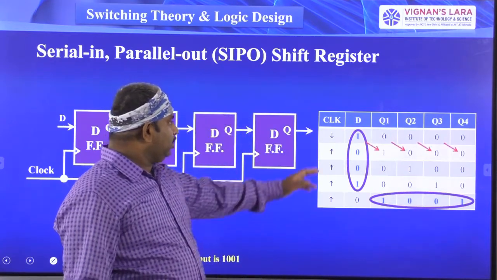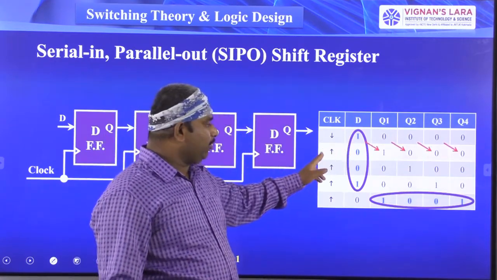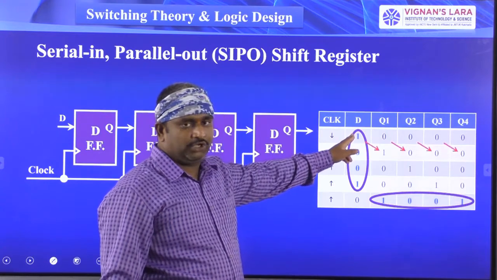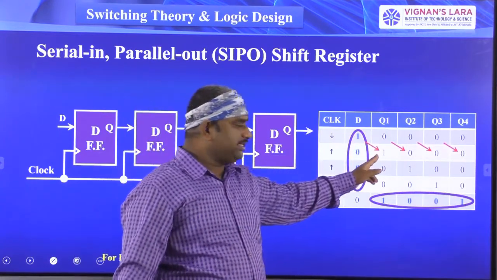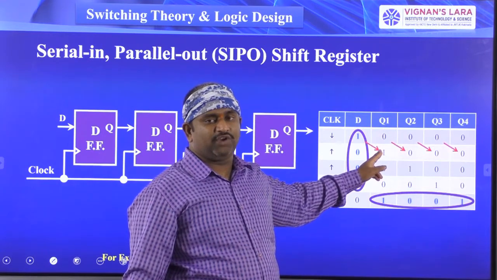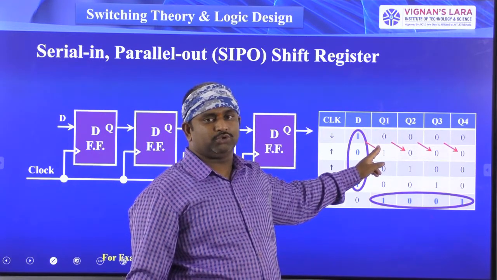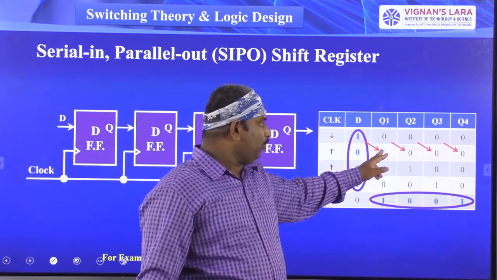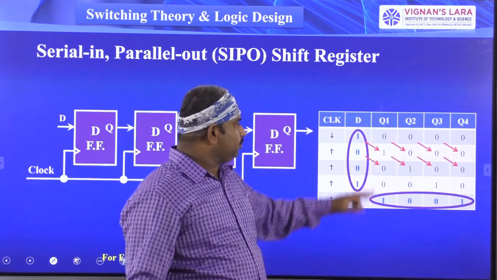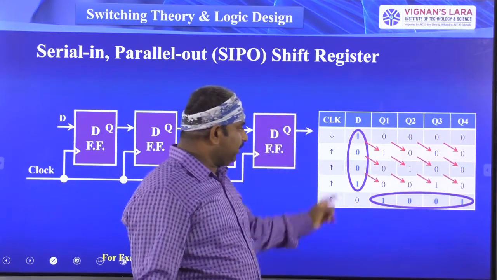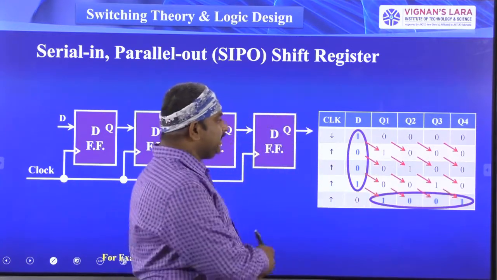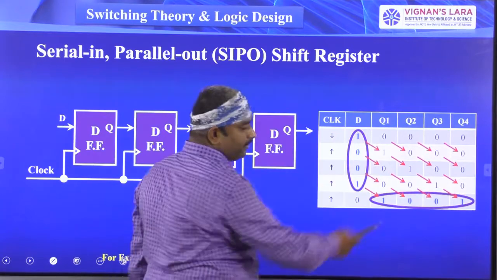Now, see here, you have to shift the data first. When you are at the first clock pulse, the first input is connected to the first flip-flop. Actually, Q1 is connected to the second flip-flop input, so Q1 follows to Q2. So this 0 is shifted to here, this 0 is shifted to here. In this way, for each clock pulse, the data is shifting.